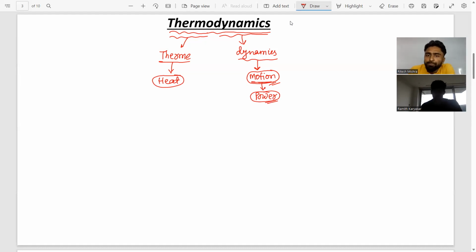And here, what is power? Power is the rate of doing work, the rate of energy transfer. That means power is nothing but work divided by time.